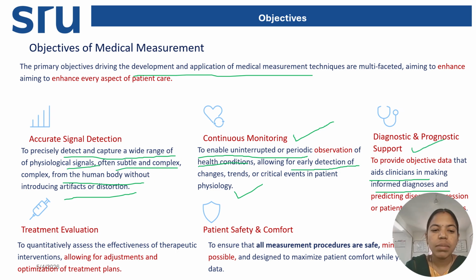Next one is treatment evaluation. So how to evaluate the condition of the patient? Based on the condition of the patient, the doctor will decide the treatment process, what treatment can be given to the patient. Sometimes the patient can be cured with the help of medicine.